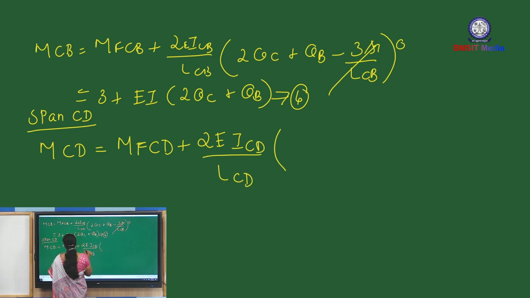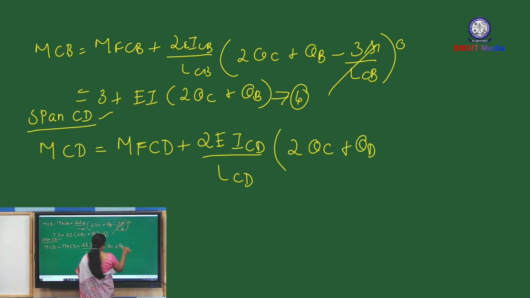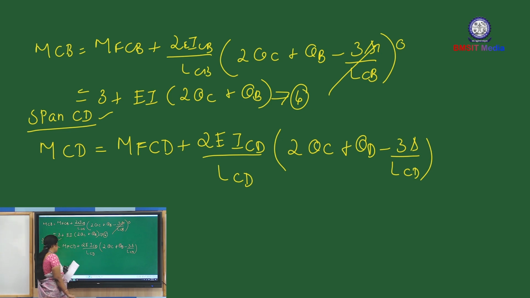So span CD is the vertical member, so the delta term will come here, that is 2 theta C plus theta D minus 3 delta by LCD. Okay. So if you substitute all those values, M of CD is 0. I think there is no load on this span CD. So M of CD equal to 0.